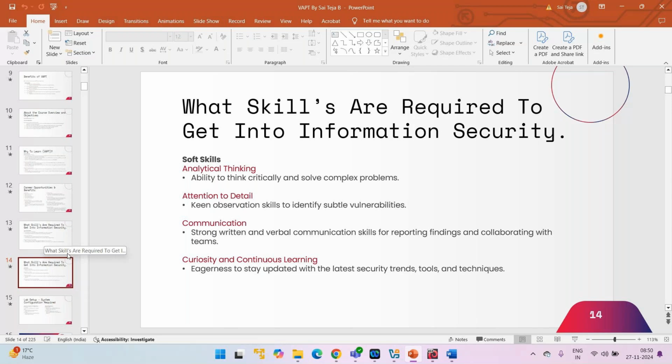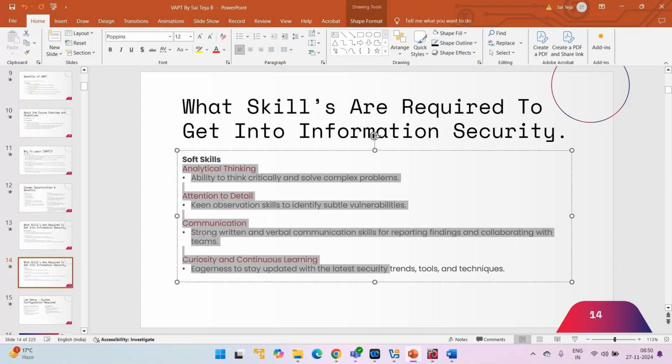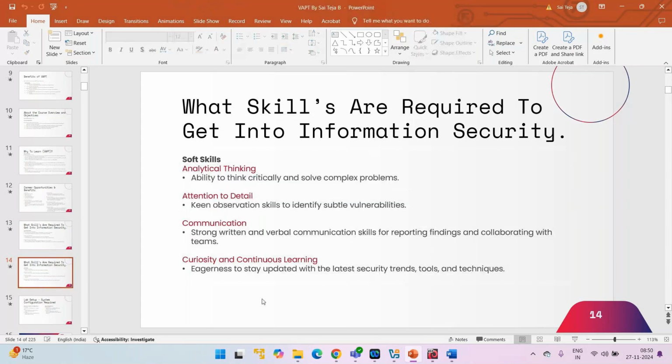Along with technical skills, you also need some softer skills, guys. What are these softer skills? Analytical thinking, the ability to think and solve complex problems, attention to detail, keen observation skills to identify subtle vulnerabilities, because information security is a domain where you need to upgrade yourself as per the latest threats, techniques and vulnerabilities.